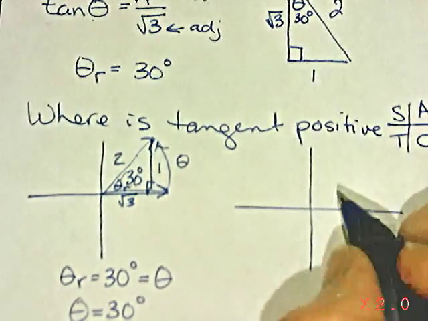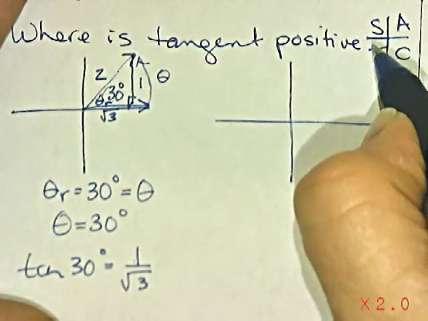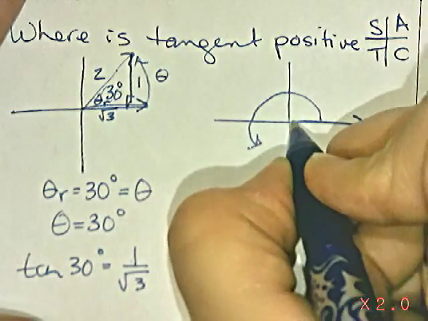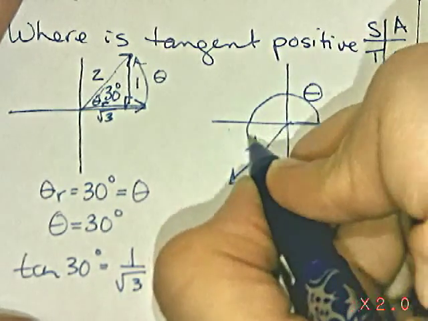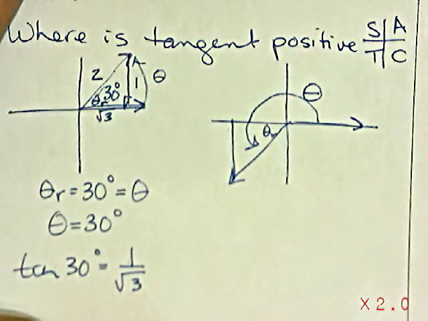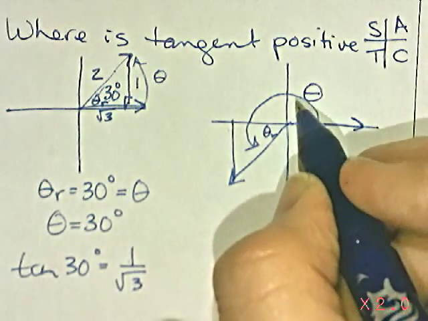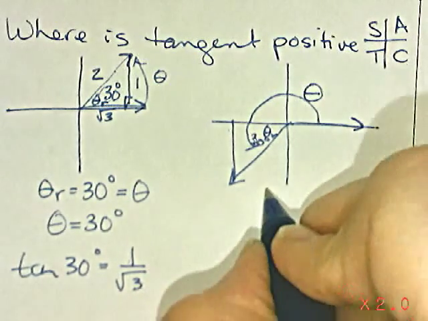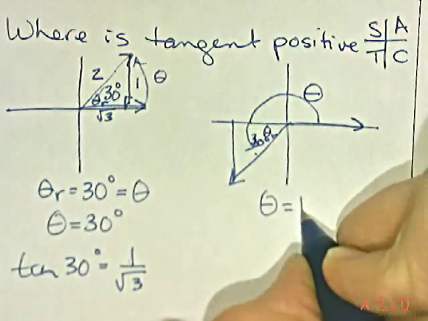So my indicated angle is also 30 degrees in that quadrant. And so the tangent of 30 degrees is equal to a positive 1 over root 3, opposite over adjacent in that orientation. But we also know that tangent is positive in this third quadrant. And so if I start an angle and land it somewhere in my third quadrant, there's my indicated angle. But remember, I'm going to use my reference angle as my angle size to relate to my indicated angle. That reference angle is 30 degrees. So how big is theta? Well, theta is that half circle plus another 30 degrees.